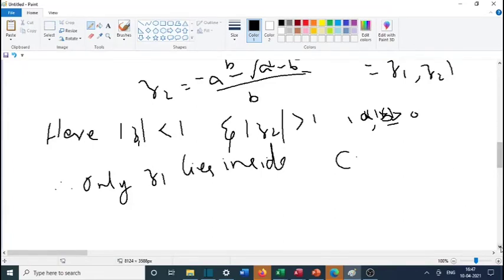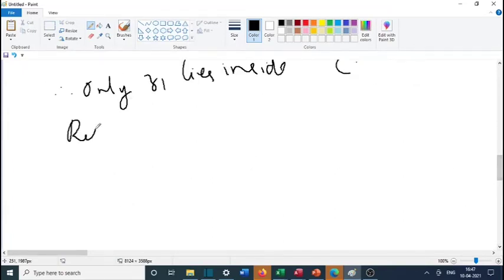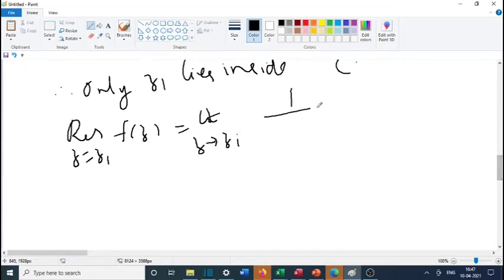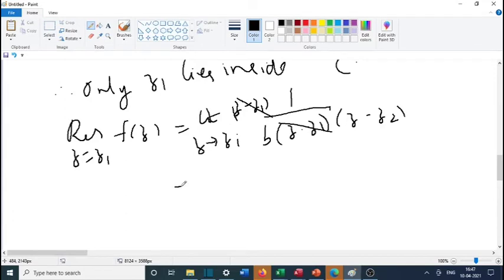So the residue of f(z) at z1 is equal to the limit as z tends to z1 of f(z), which is 1 by b into z minus z1 into z minus z2, so the z minus z1 factor cancels. So this is equal to 1 by b into z1 minus z2.